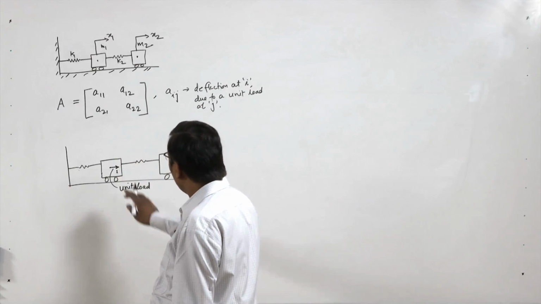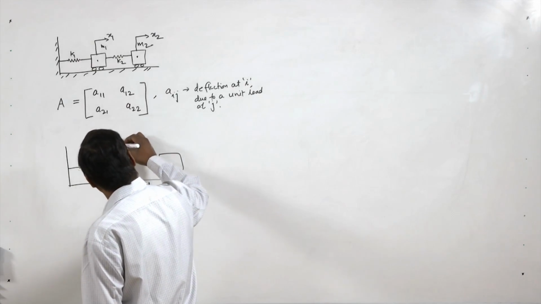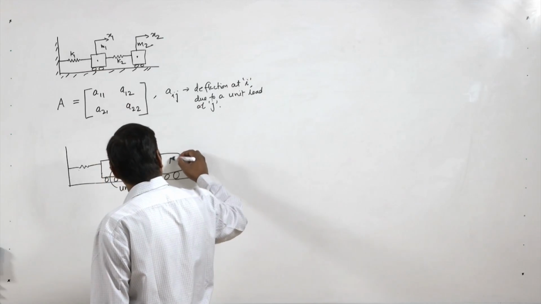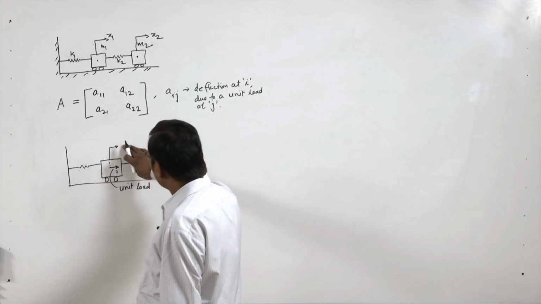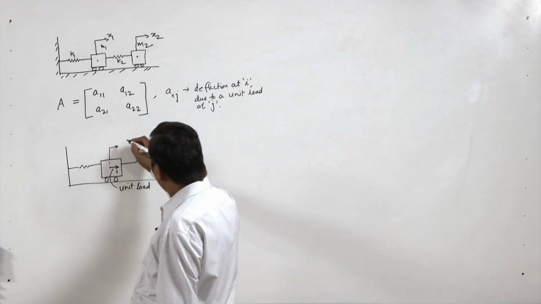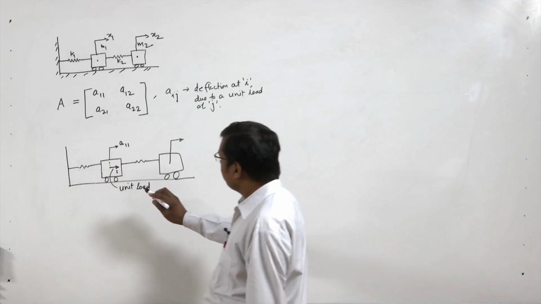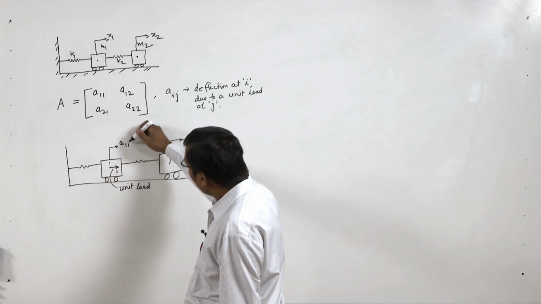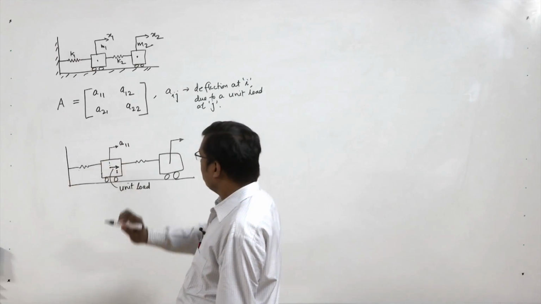And now I want to measure the deflection, the deflection here and the deflection here. So what will be the deflection here? That will be A11, because I am applying a unit load at 1, and I am measuring deflection at 1.